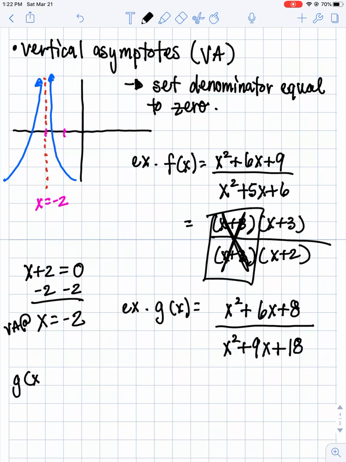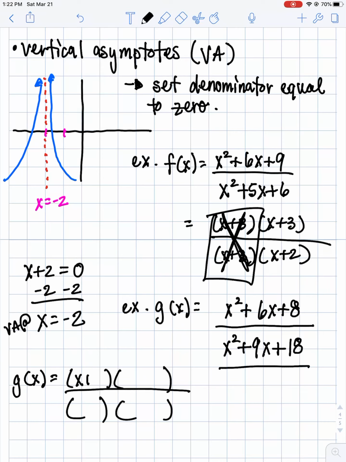If you factor the numerator and the denominator, you're going to get x plus 4 and x plus 2. Hopefully you know that 4 times 2 is 8 and 4 plus 2 is 6, so we have factored it correctly. In the denominator, I'm going to get x plus 6 and x plus 3. Why? 6 times 3 is 18 and 6 plus 3 is 9, so we have factored correctly.